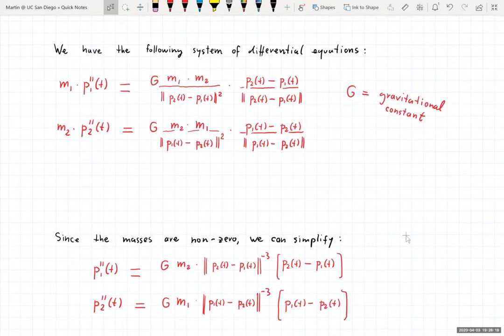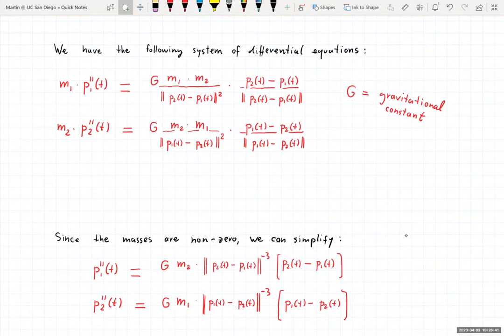So we've got two differential equations of second order, and I would like to point out here that the two unknown functions here, p1 and p2, are themselves vectors. So actually each of them is constituted of three coordinate functions.